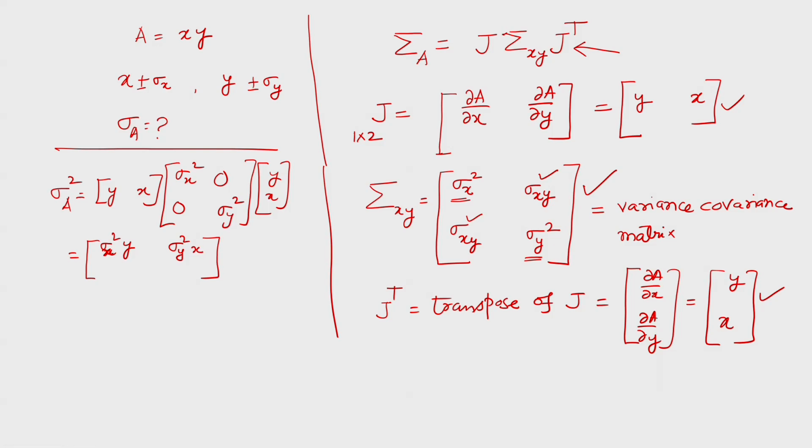Next, y and x here. So I multiplied these two matrices first. What next? Let us multiply these matrices and I will get, I hope you should also get this, okay. So that is sigma A square.